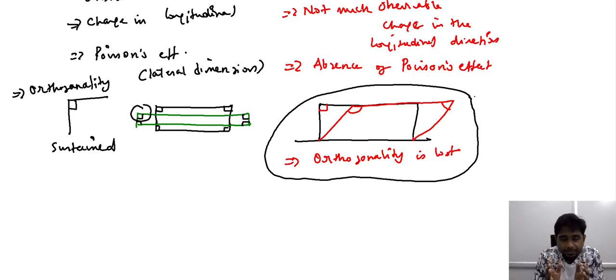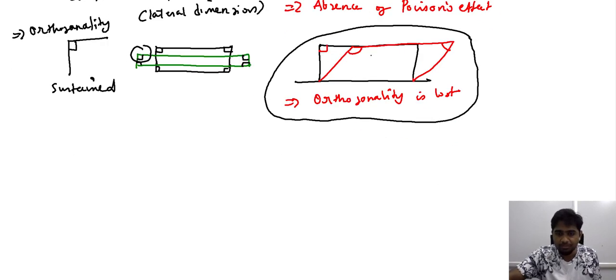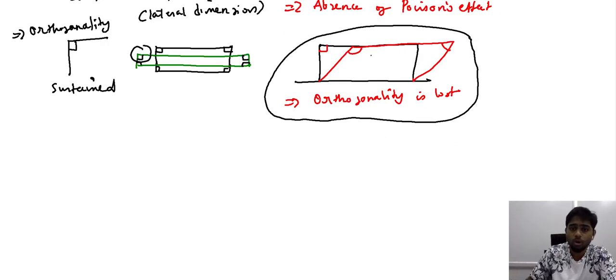So our description for the strain should be based on the characteristic response offered by the material under the shear loading condition. What we essentially observe is, one, the orthogonality is lost. The other way of describing the loss in this orthogonality is that the position of the corners has shifted.